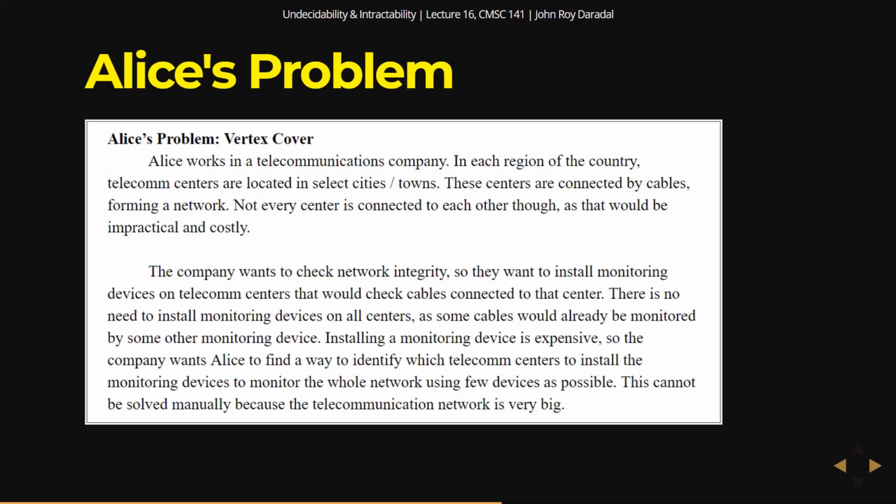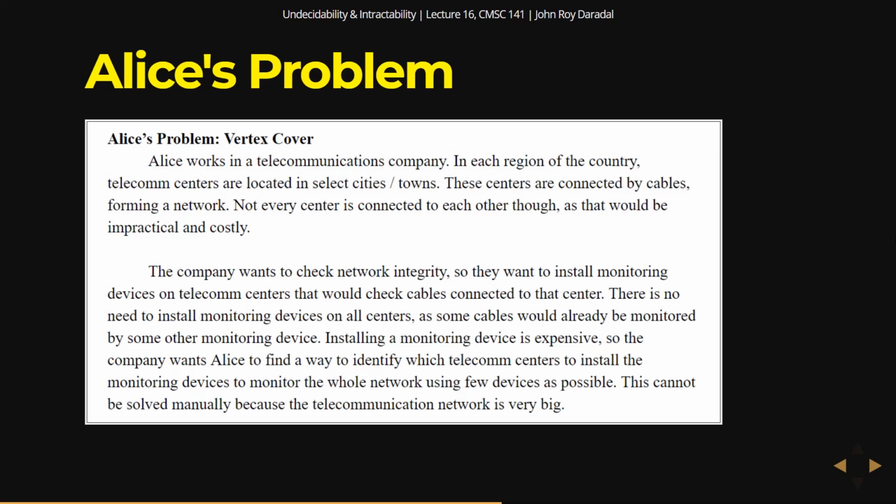If you have 100 centers nationwide, there is no need to install 100 monitoring devices. Installing a monitoring device is expensive, so the company wants Alice to find a way to identify which telecom centers to install the monitoring devices in, to monitor the whole network using as few devices as possible.